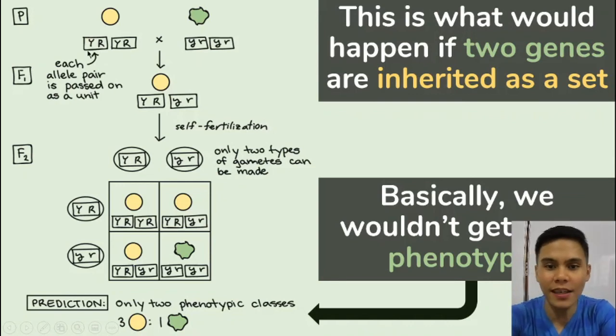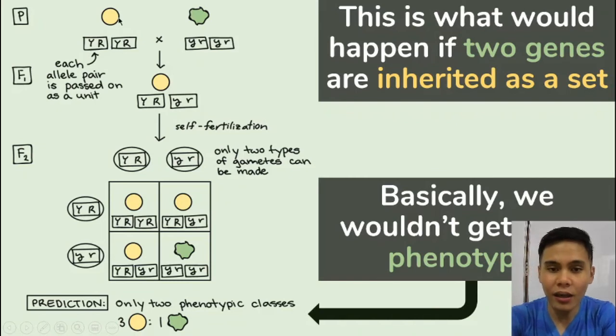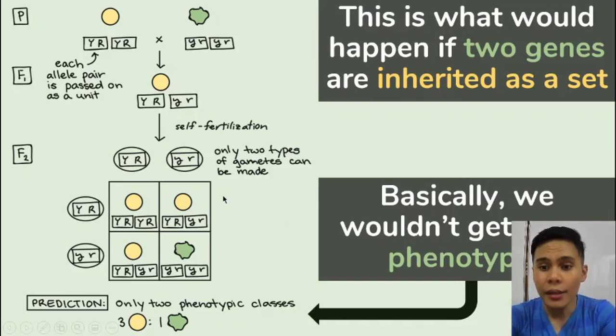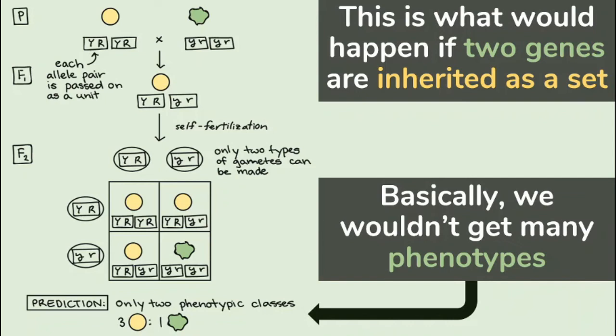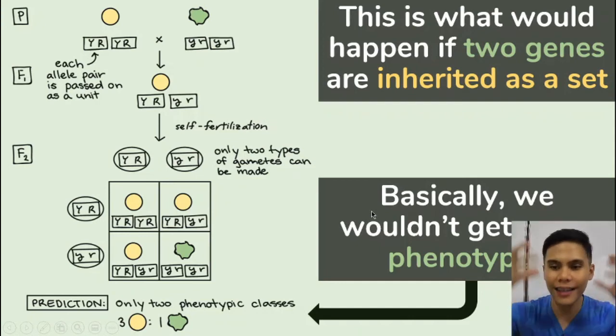Each box is inherited as one thing. So in this case, we have a yellow round P and a green wrinkled P. If you cross them together and they're inherited in sets, your phenotypes should be just these 2. So you started out with 2 phenotypes, you should end with 2 phenotypes, which are the round yellow and the green wrinkled. Because, again, they're inherited as a set.